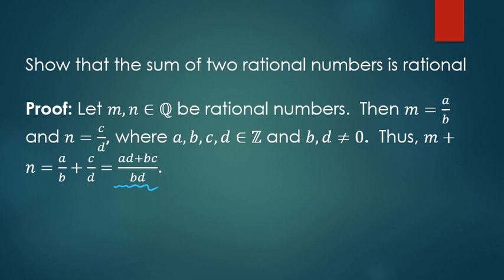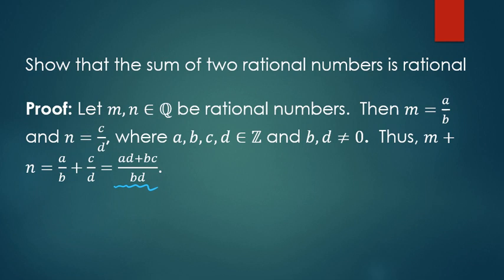First thing we need to check, are the top and bottom whole numbers? Well, a, b, c, and d are whole numbers. So again, products and sums of whole numbers are whole numbers. So yes, the top and bottom on their own are whole numbers. So that's good. Other thing we have to check, is the bottom not zero?